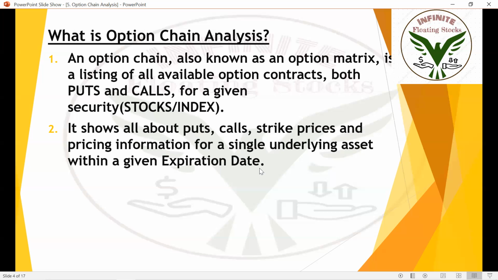This is a formal definition for option chain analysis. All the data consolidates into a table, and that table can be called option chain data or option matrix. Don't worry, I'm going to explain once we're on the table in the next few minutes.